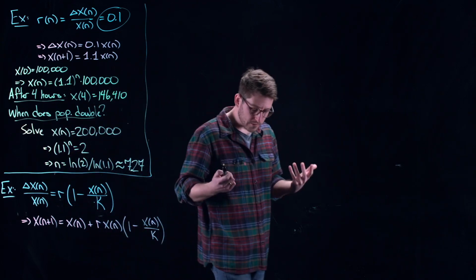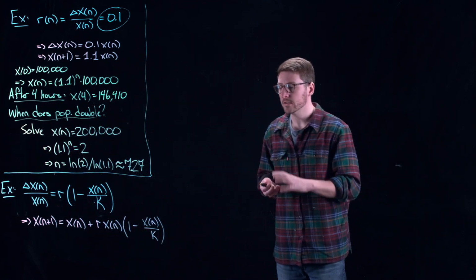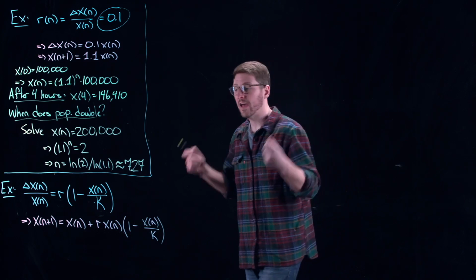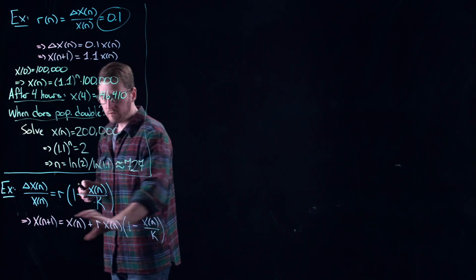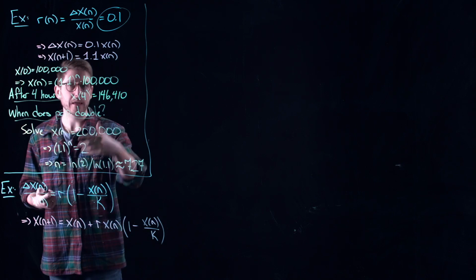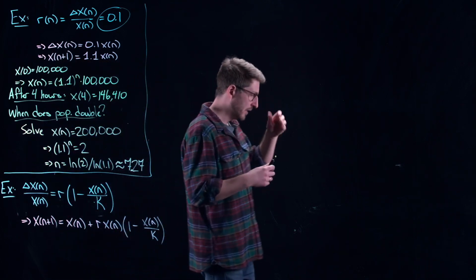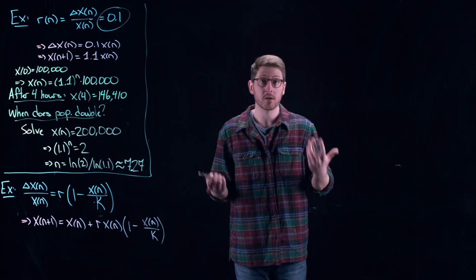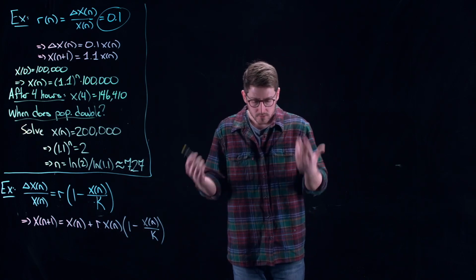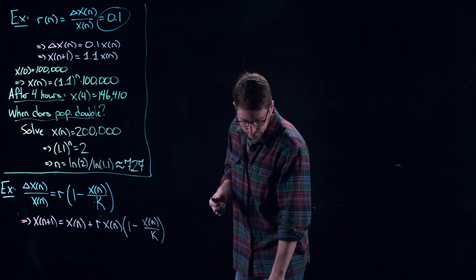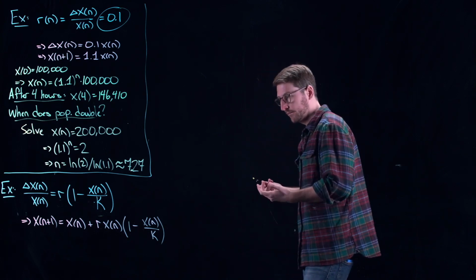In this case, r is going to be positive, K is going to be positive. The exact values don't matter that much. But what I really want you to notice here is that now I can't solve it exactly. I cannot just say x of n is equal to 1.1 to the n times 100,000 anymore. So the question is, what could we do? How can we handle this thing?